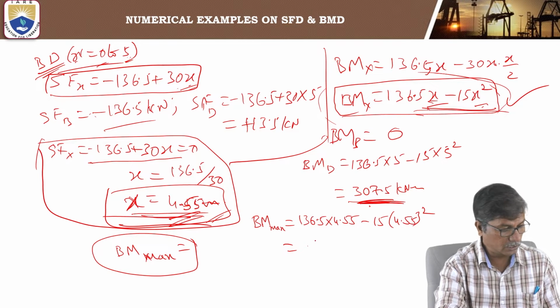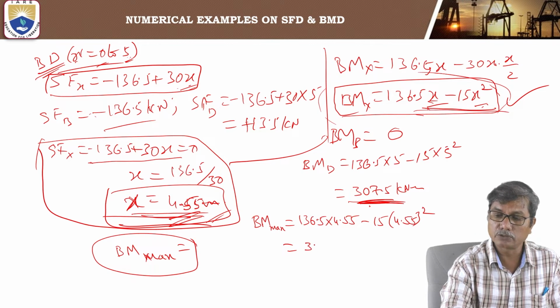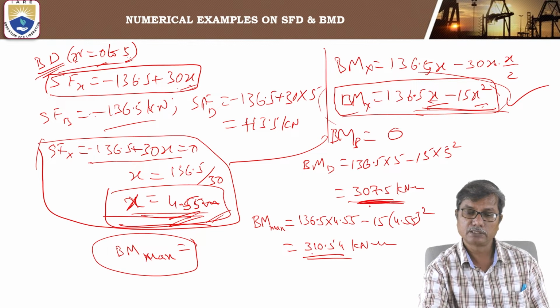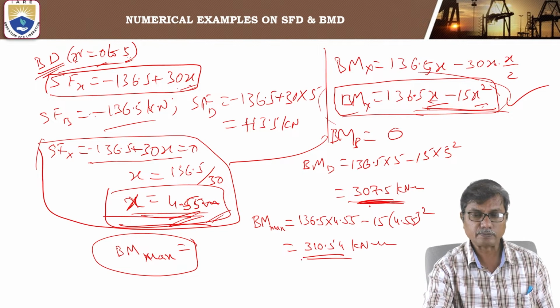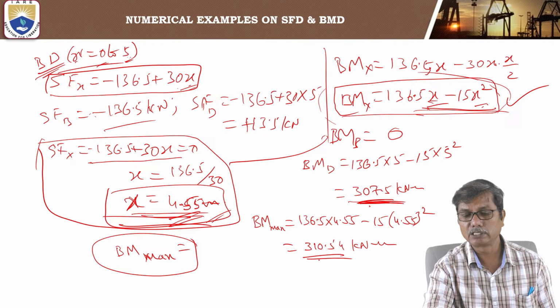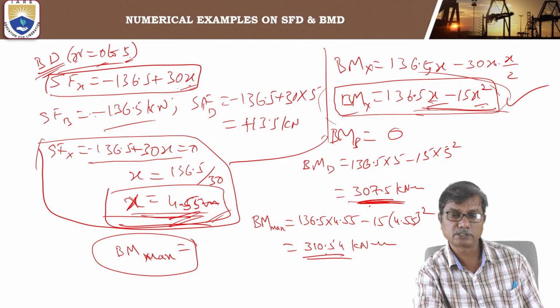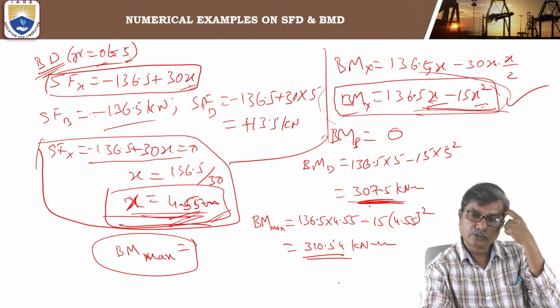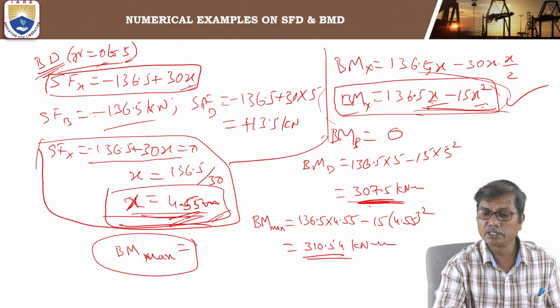This comes out to be 310.54 kilonewton meters. At D it is 307.5, and at the point where the shear force changes sign it is 310.54, which is greater.